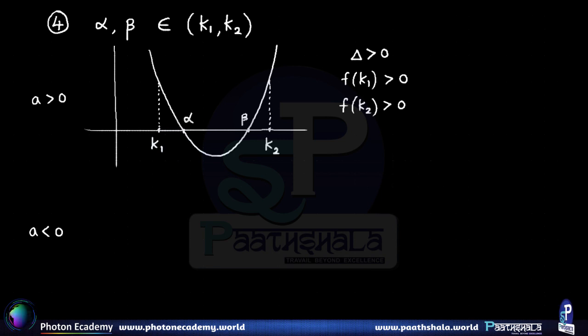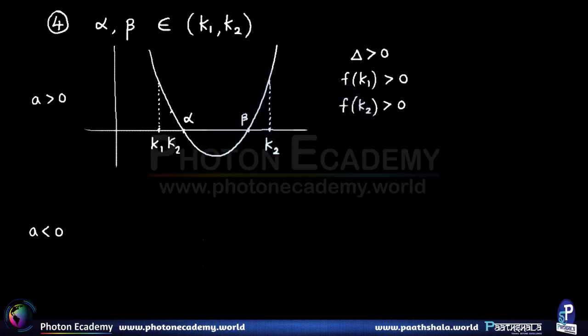And if we just say that both of these two are positive, then we won't be able to distinguish whether k1 and k2 are on the two different sides of alpha and beta, because we may have somewhere k2 here, also k2 function is positive, but we want to avoid that.